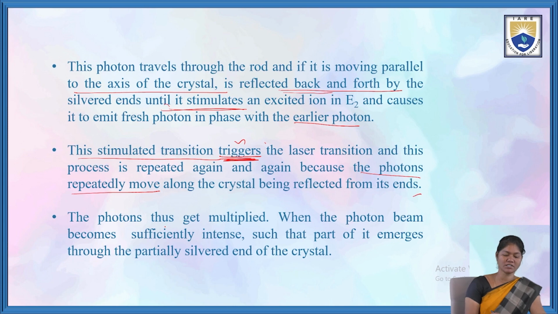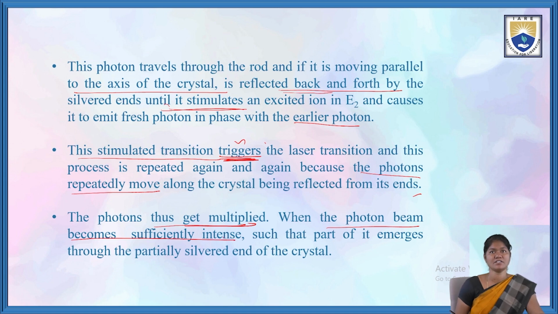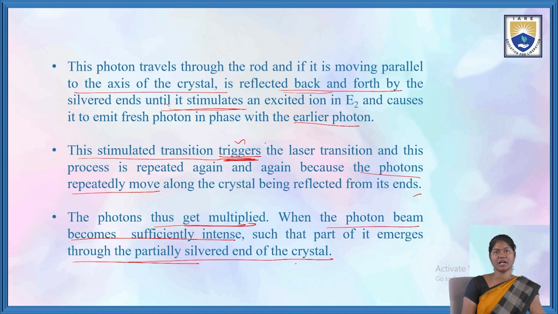So the photons get multiplied and we get stimulated emission. When the photon beam becomes sufficiently intense, part of it emerges through the partially silvered end of the crystal.